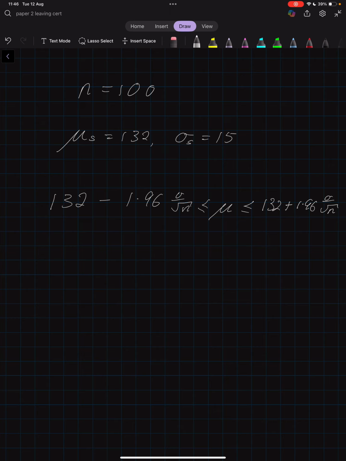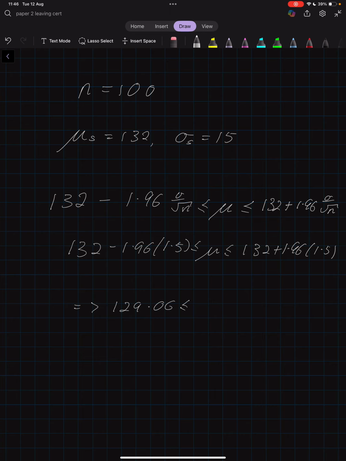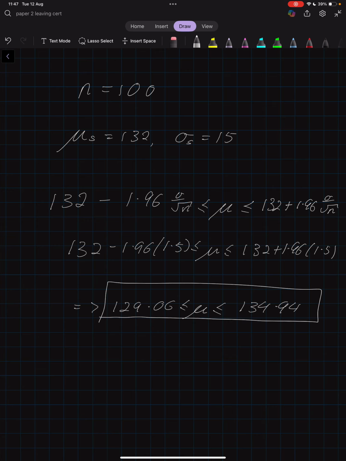So it's simply equal to 132 minus 1.96 times 15 over root 100, which is 15 over 10, so 1.5. So we end up with this, our 95% confidence interval.